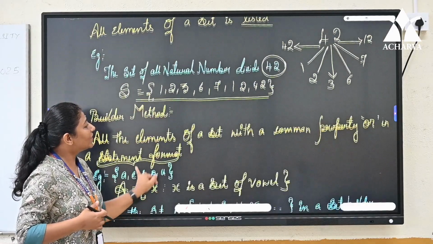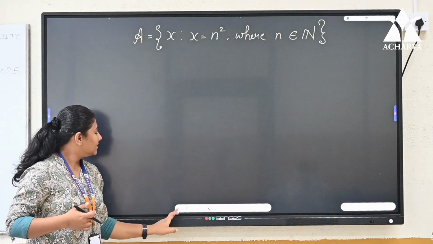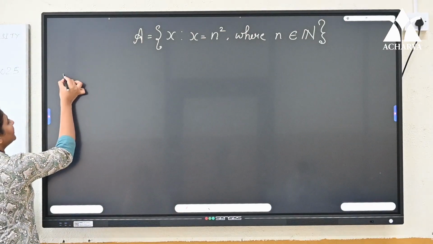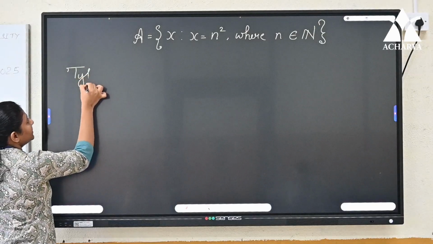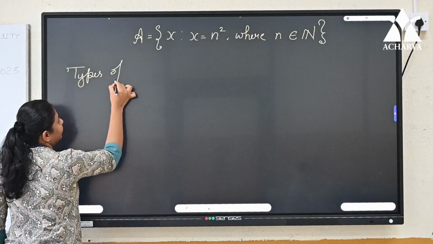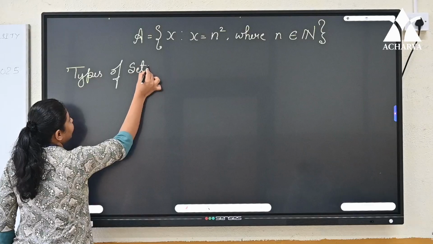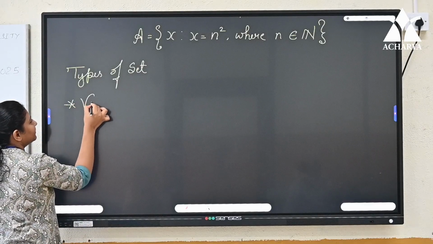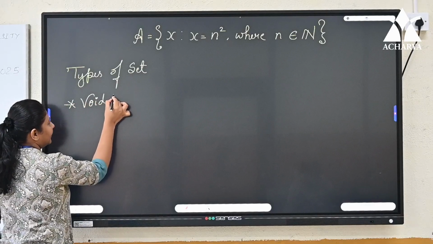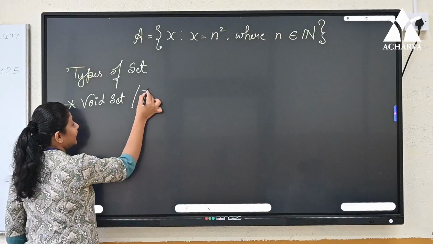When it comes to types of set, the first thing we define here is the void set or empty set.